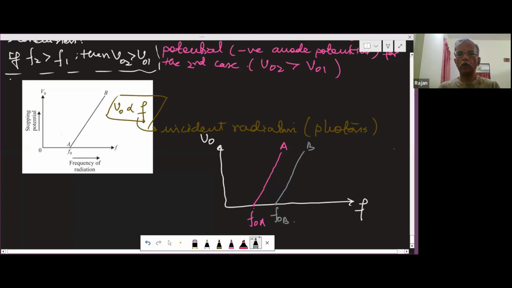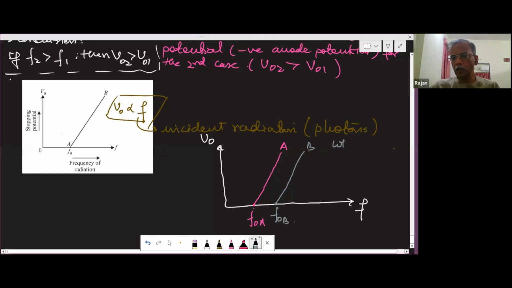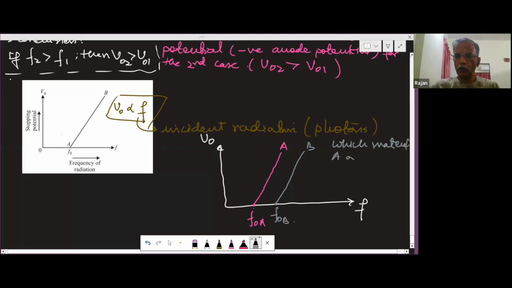So which material will have higher work function? Work function means more energy is required to liberate the photoelectrons, am I right? So which material, A or B, will have higher work function? Can you reply with whatever we have discussed so far?